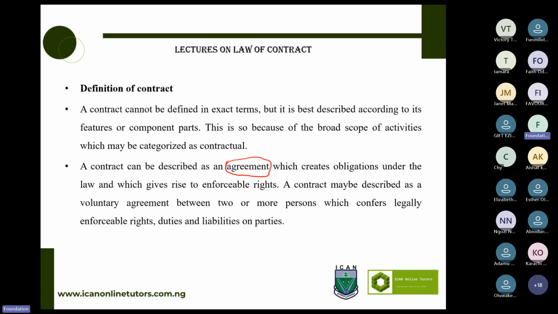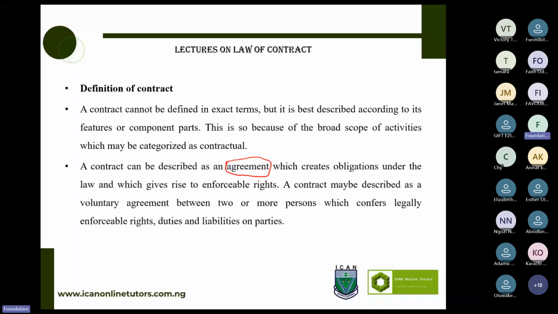So where there is a breach of that agreement, there will be a term of reference that you can show that this is what we agreed, but this person is doing another thing separate. Therefore, I am not happy. I want to sue this person. So if it's just a gentleman agreement, there is no evidence that the both of you agreed on something, the court will not entertain it.